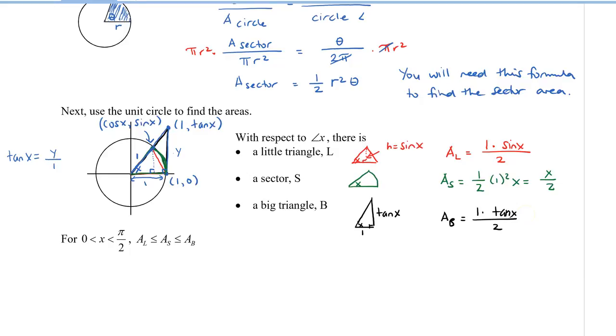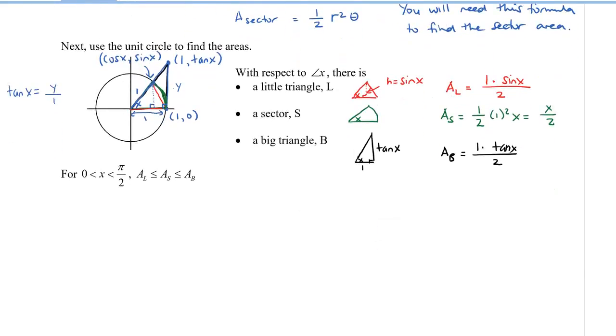All right, so according to this, my little triangle should be the smallest. It's smaller than A of S, which is a sector, which is smaller than the area of the big triangle. So I'm going to substitute these expressions into this inequality. So sin x over 2 less than or equal to x over 2 less than or equal to tan x over 2.